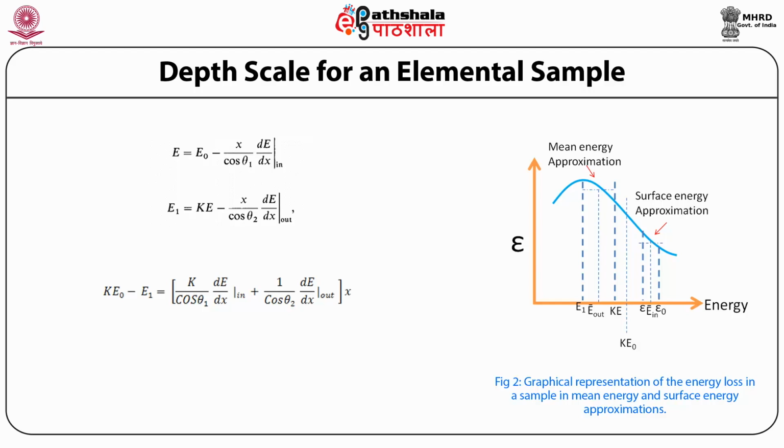The energy KE0 is the edge of the backscattering spectrum and corresponds to the energy of particles scattered from atoms at the surface of the target.